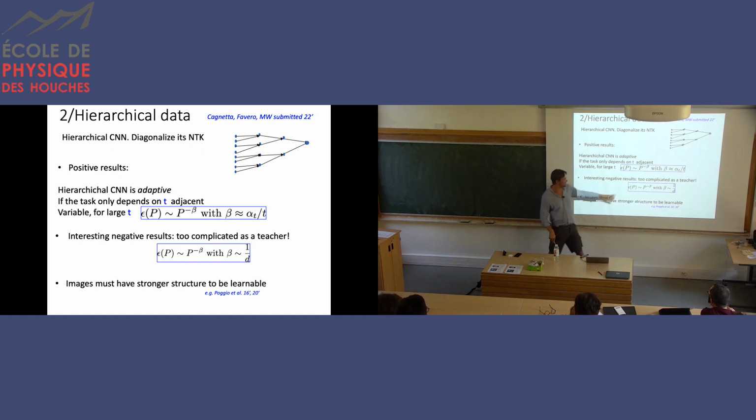But what you find is that even if you learn it optimally, so the best thing to do is to take the corresponding kernel as a student, you hit the curse of dimensionality. So as a teacher, there's not enough structure there to actually make it learnable. So it means if you want to explain how the curse of dimensionality is beaten, this is too rich a model. You need to constrain the data more.